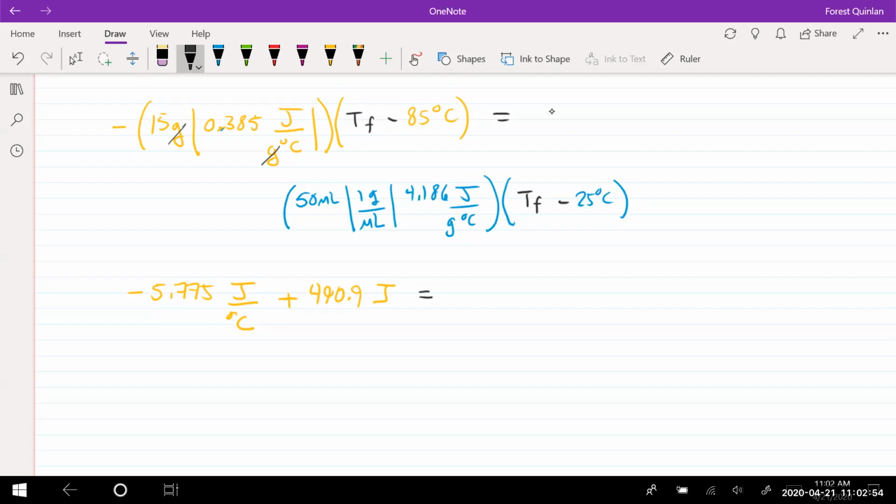Dallas, give me 50 times 4.186. 209.3. And this is joules per degree Celsius times our, oh, I forgot here, we needed our TF, sorry. Times our TF.